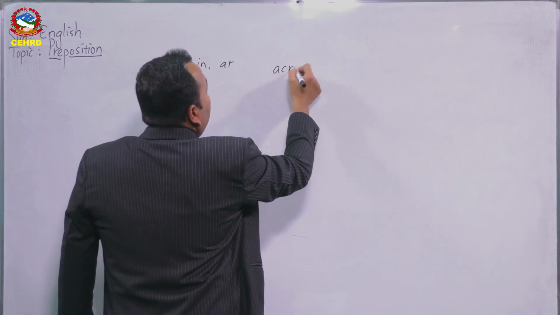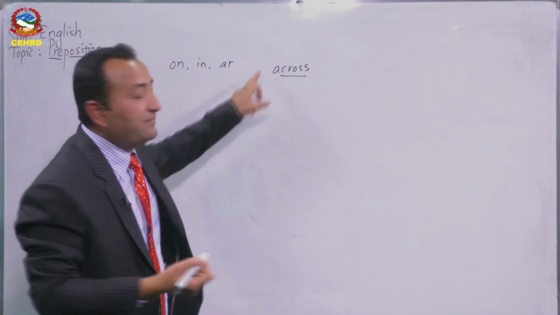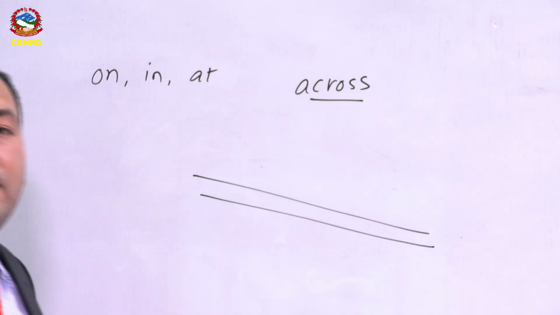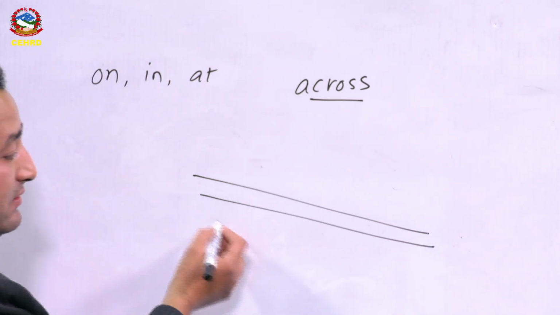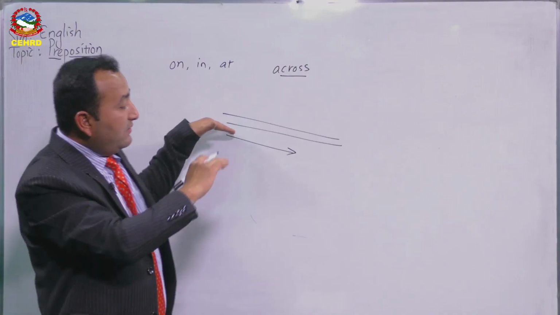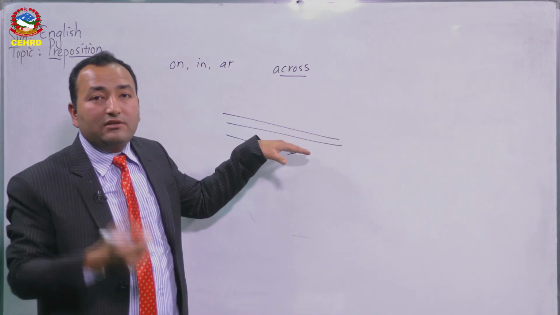Just before that, I would like to show how across is used. Suppose this is a road, and you're walking parallel to the road.